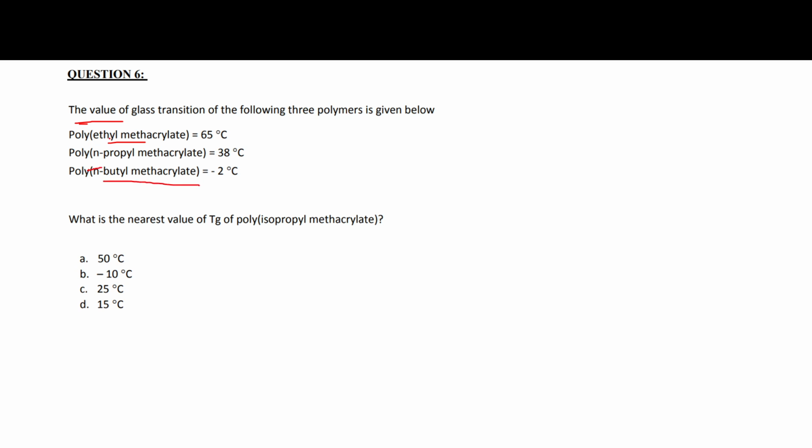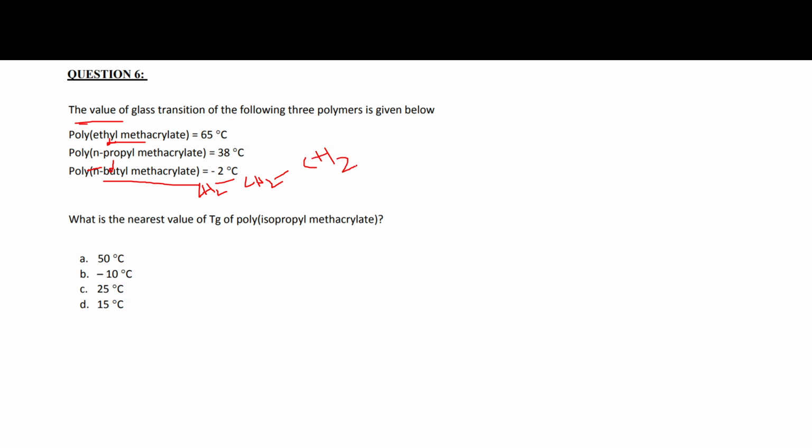From ethyl to propyl to butyl, we are increasing the CH2 units in the polymer. Butyl has 4 CH2, propyl 3 CH2, ethyl 2 CH2. If more CH2 units are present in the polymer, the polymer becomes more and more flexible. More flexible means the polymer needs less energy to move.